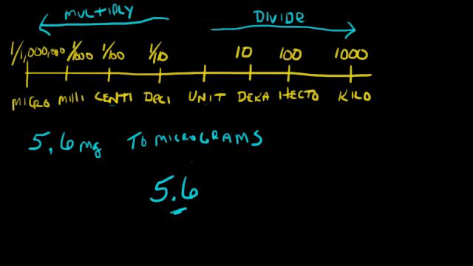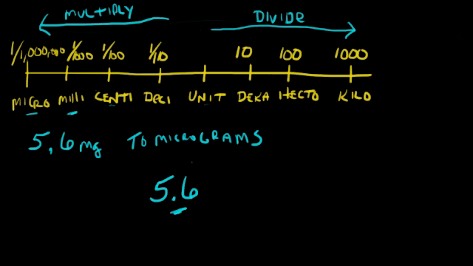Notice that a milli is 1,000th of the unit, and a micro is 1/1,000,000th of the unit. Remember that the whole point to the metric system is that it is based on tens. And so if you want to look at these zeros on the milli, there are 3 zeros.